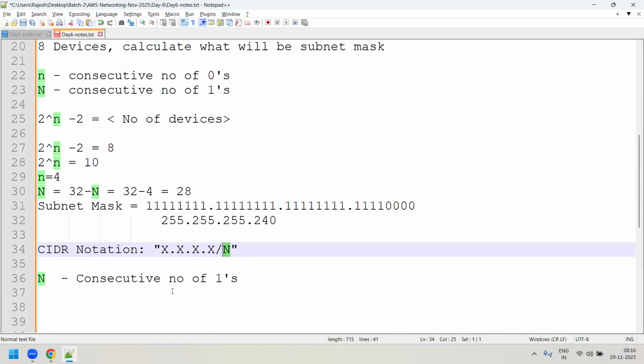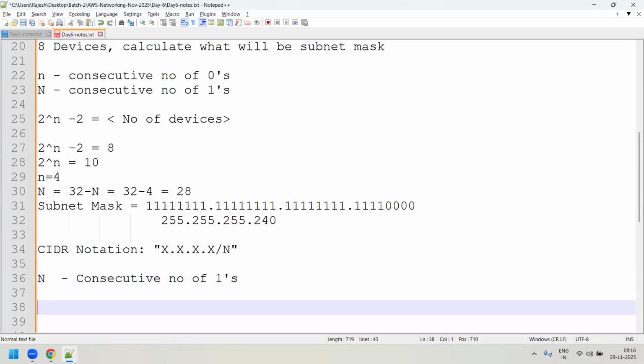Now, for example, if I give an example like 192.168.0.0/24, this is the CIDR notation they'll give you. With the CIDR notation, you should be able to come up with the subnet mask.